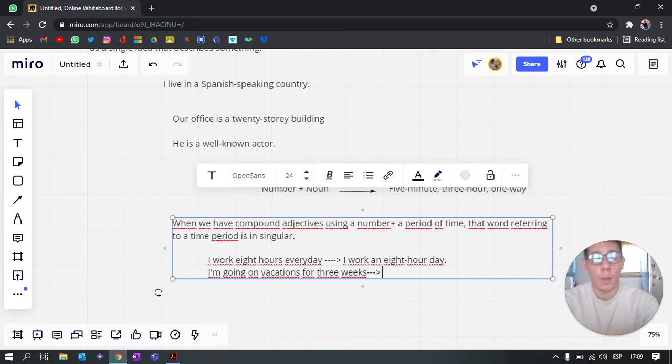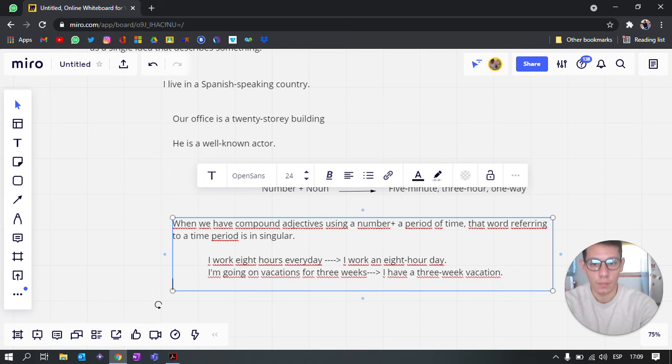If I want to make this sentence with a compound adjective, which is very common in English, what I'm going to say is I have a 3-week vacation, with a singular. Or let me give you one more. There was a delay of 5 seconds.